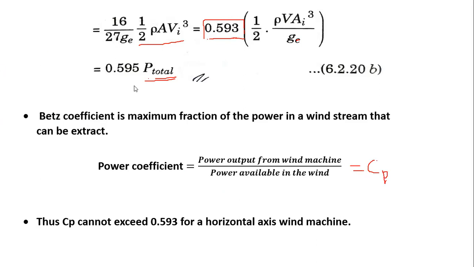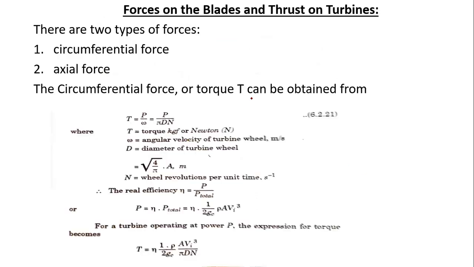Next, this is the maximum power we have covered. The next topic is: what are the different types of forces on the blades and thrust on the turbines? Thrust means nothing but pressure. From the earlier discussions, we have discussed the blades of the propeller type wind turbine.